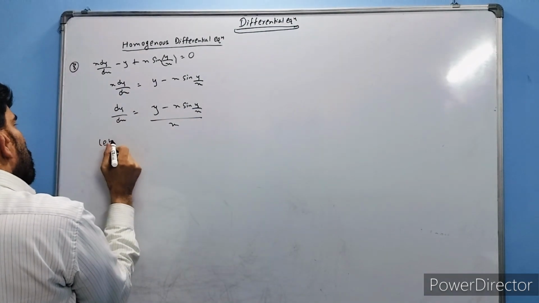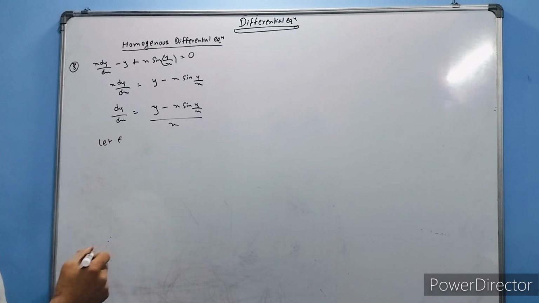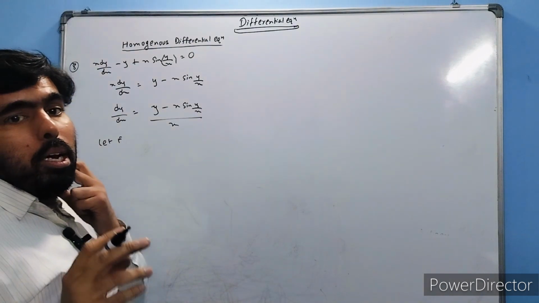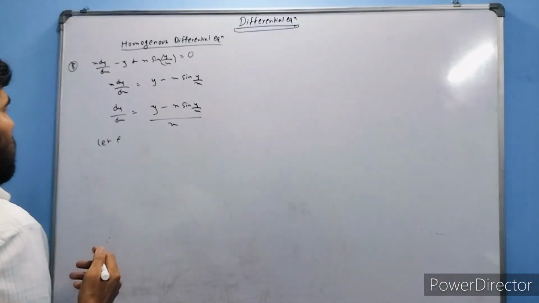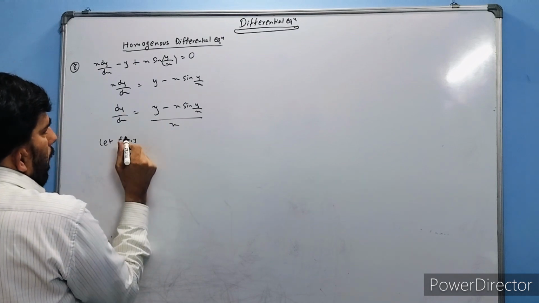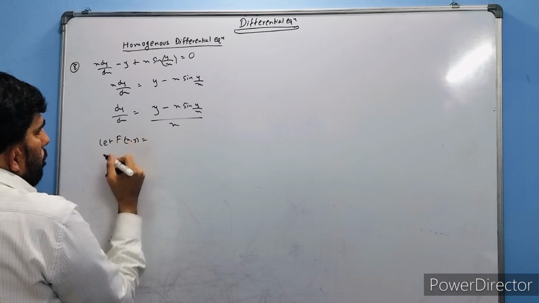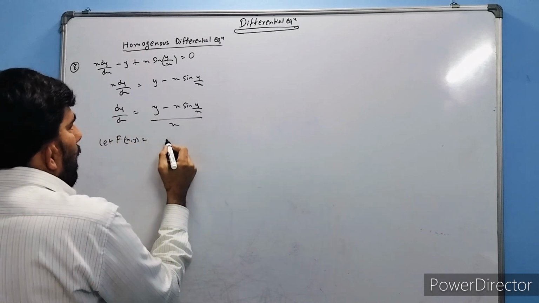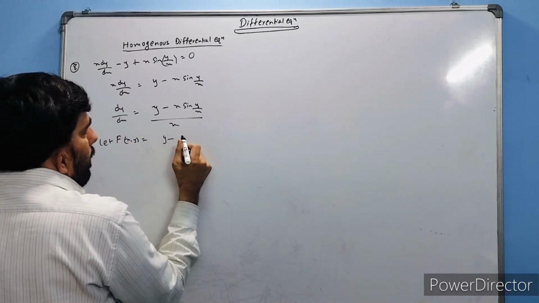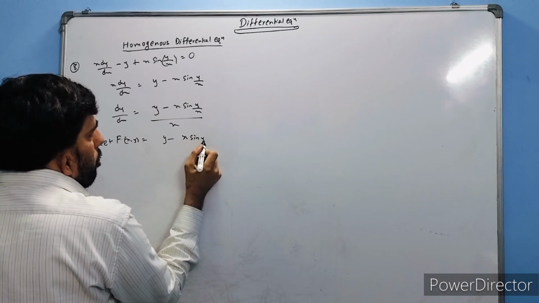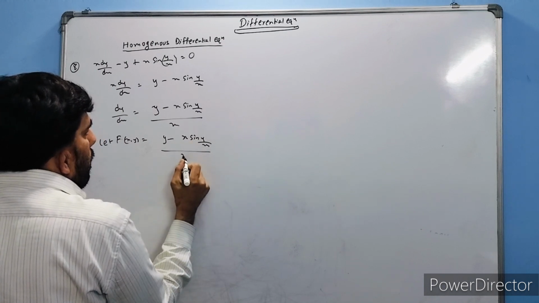Now we'll see whether this differential equation is homogeneous or not. So we'll try to see how to solve this. We have here y minus x sine y upon x upon x.